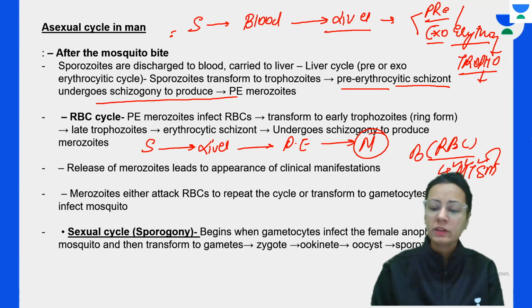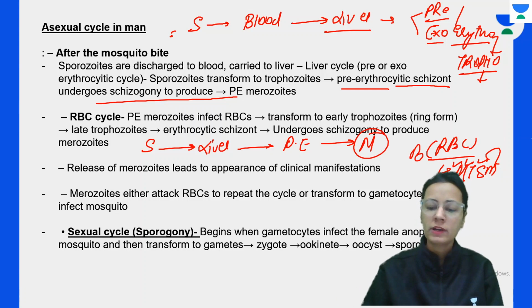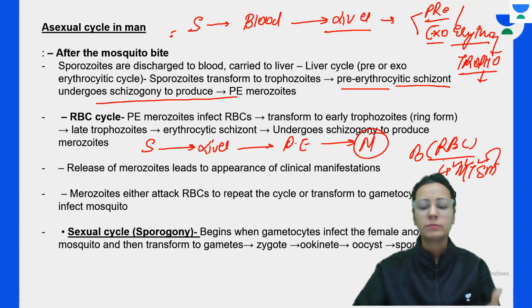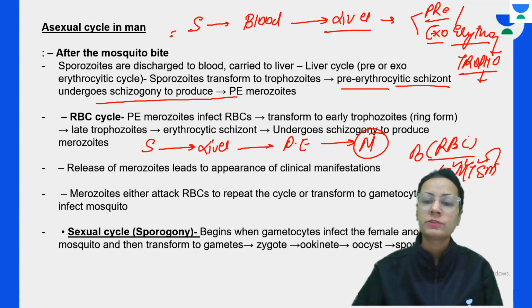Depending upon whether the trophozoite is early or late, the early trophozoite will convert into the macro or microgametocyte, and the late trophozoite will convert into the schizont, producing merozoites, and the merozoites go back to the RBCs, executing the same cycle.